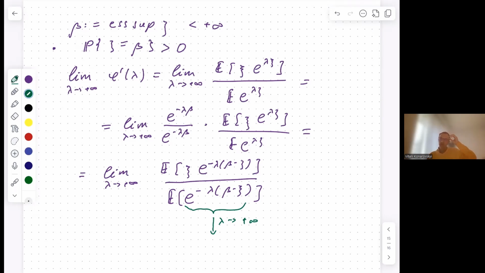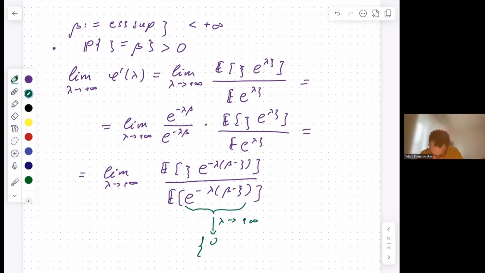So you can think about beta as a supremum of Xi. And then you have two possibilities. Either Xi for a given omega is strictly smaller than beta, then beta minus Xi is positive, and e to the power minus lambda times something positive goes to 0, because you have an exponent to a power which goes to minus infinity.